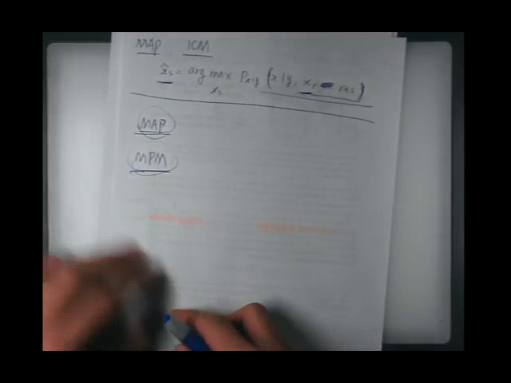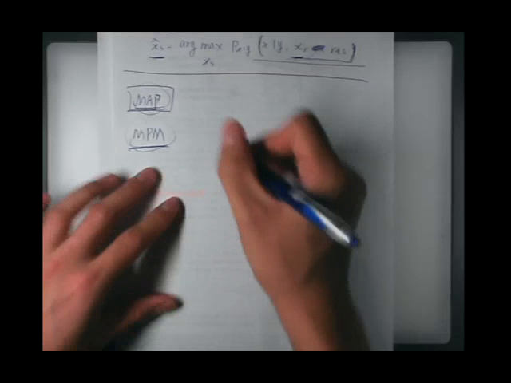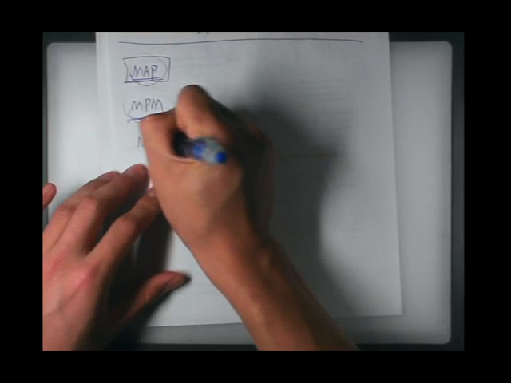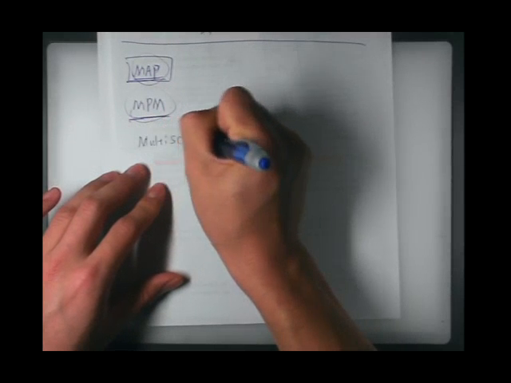Now I'll show you another trick to make the MAP estimation even faster, which is the multiscale strategy. What is the multiscale strategy? It's very simple.